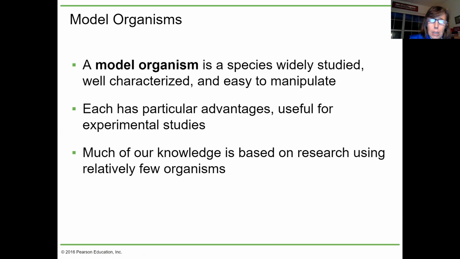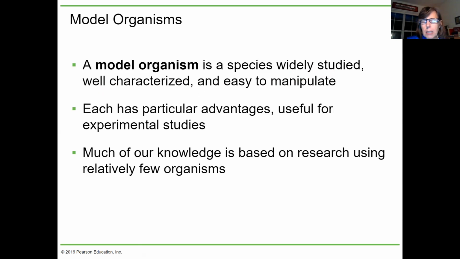And there are certain things a model organism has to do to make it a good model organism. It has to be widely studied, well characterized, and easy to manipulate. Different model organisms have different advantages for study, and we don't have an unlimited number of model organisms.